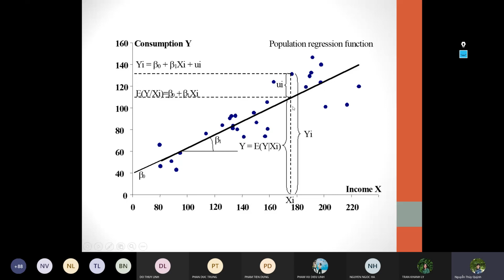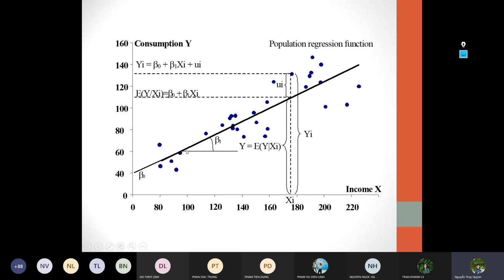Beta zero in the model is the intercept, and beta 1 is the slope of the line.